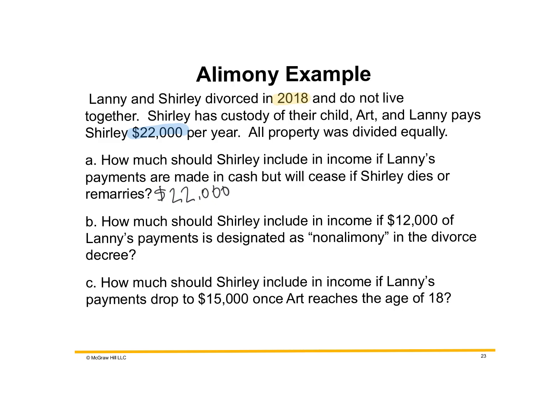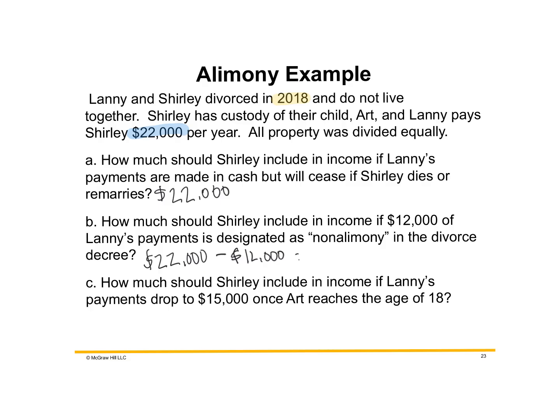So in this scenario, if we know $12,000 is designated as non-alimony, then we need to take our full $22,000 payment, then back out or subtract that $12,000 of non-alimony, because that is not supposed to be considered as alimony for tax purposes.